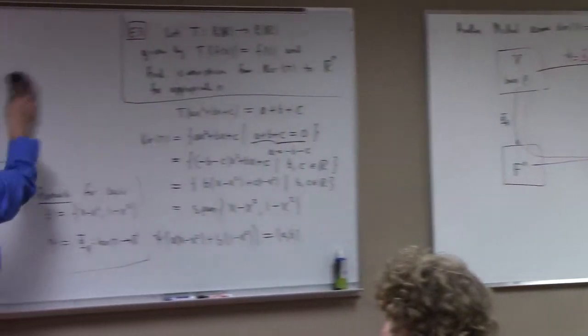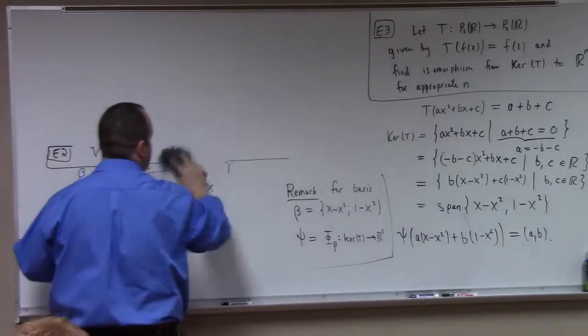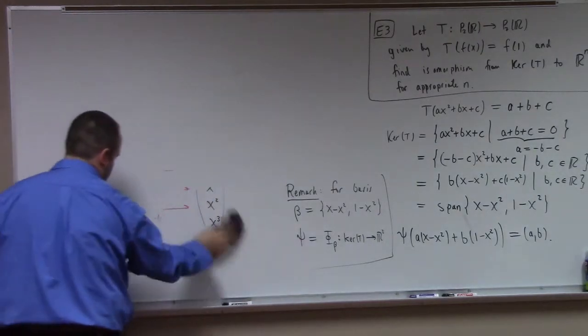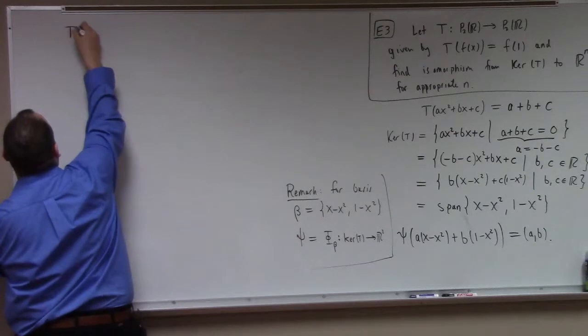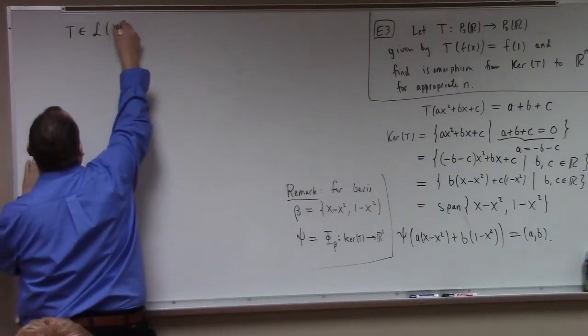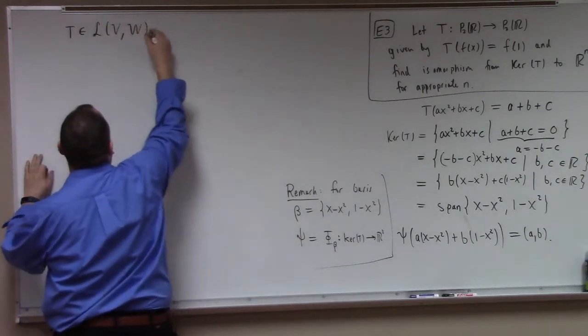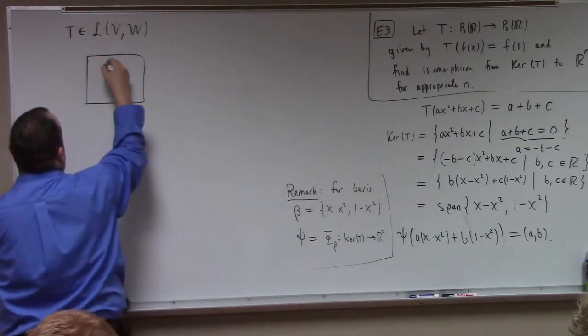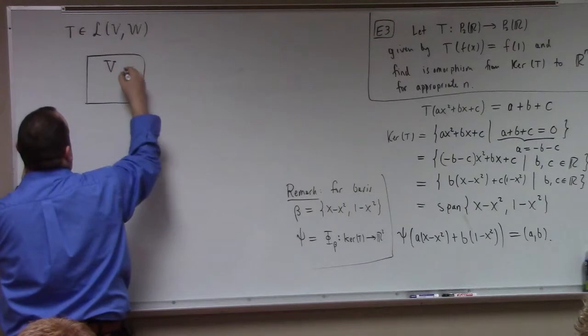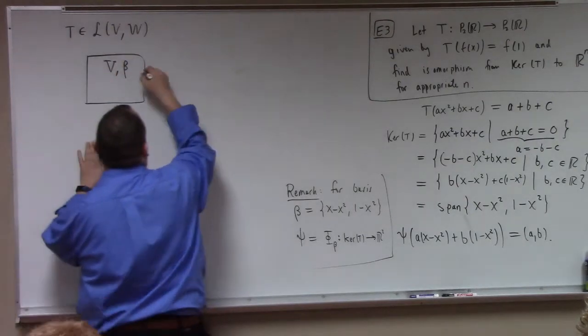So let me make a definition for you guys. Suppose we've got a linear transformation going from vector space V to vector space W, and I'm going to draw a picture. Here's V, and it has basis beta.